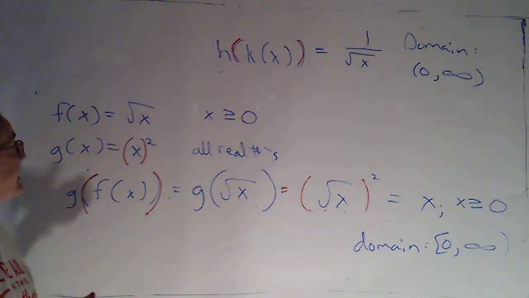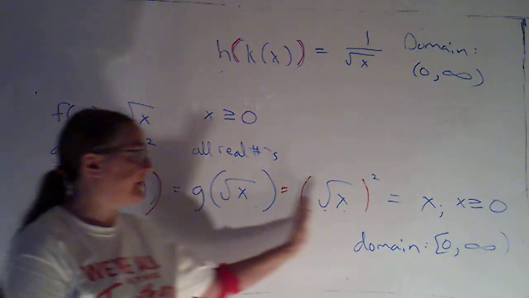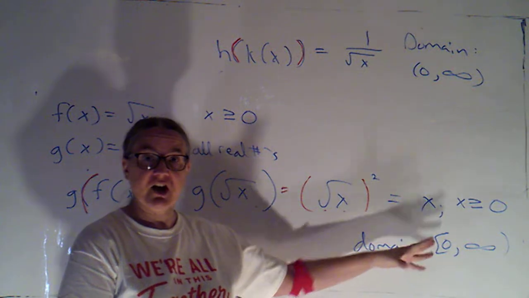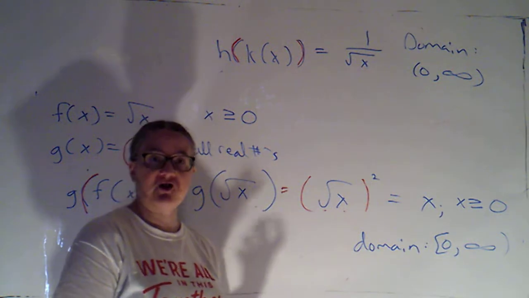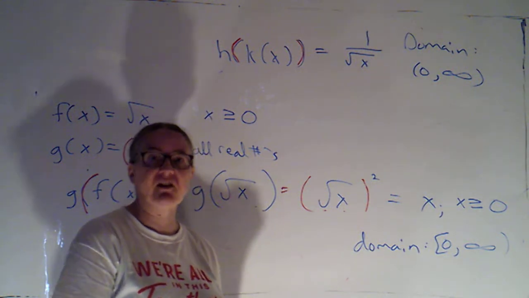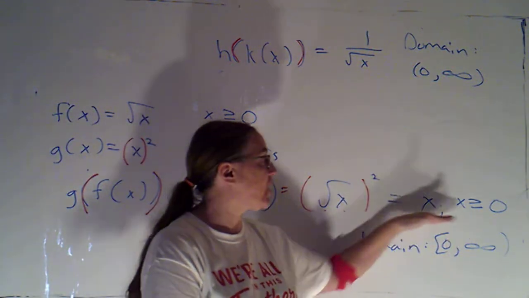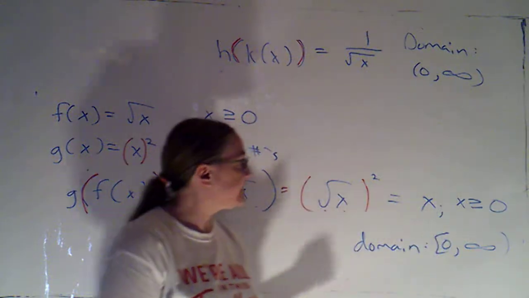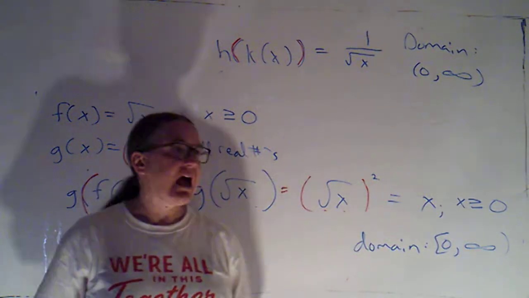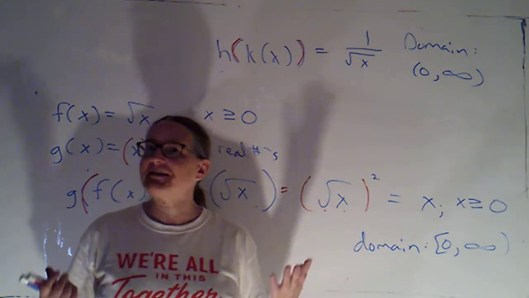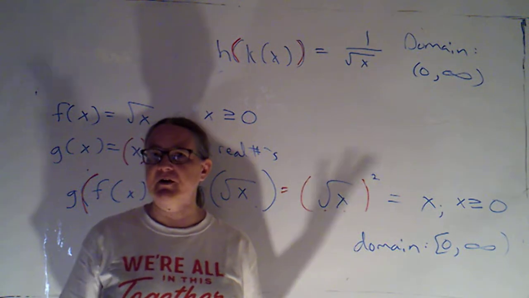If, in the process of simplifying a function composition, you lose information about the restrictions you had on x, it is necessary to write them as part of your formula. Because if I just write x, I'm going to think that that comes with its natural domain, which is all real numbers.